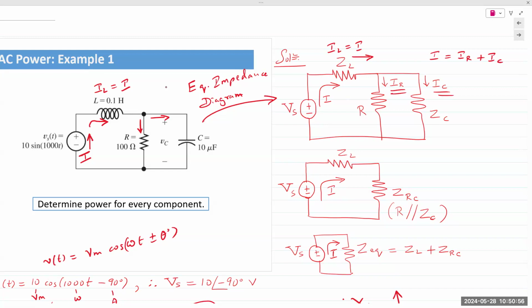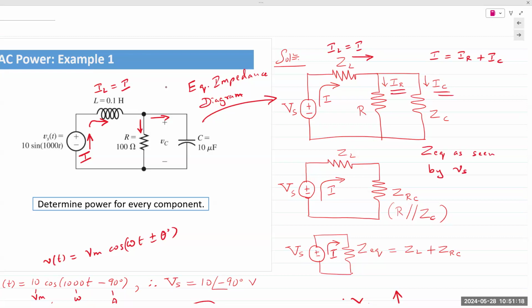Then our job would be to find ZEQ as seen by the source, VS. Think back to chapter 2.